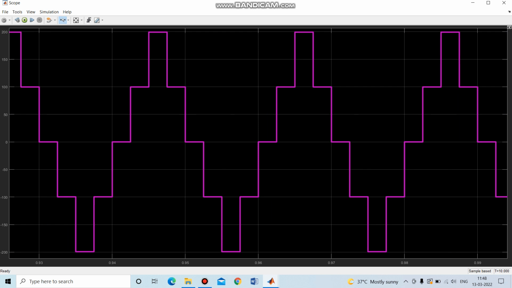By joining these steps, you can see your sinusoidal output waveform. So this is your 5-level cascaded multi-level inverter. We have verified the 5-level cascaded multi-level inverter using MATLAB simulation. Thank you.